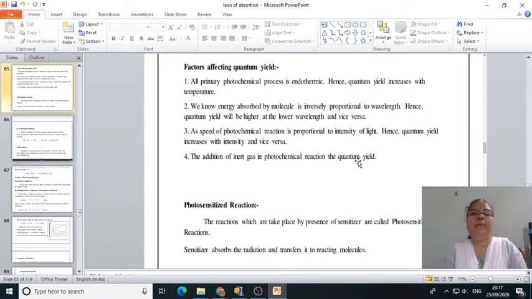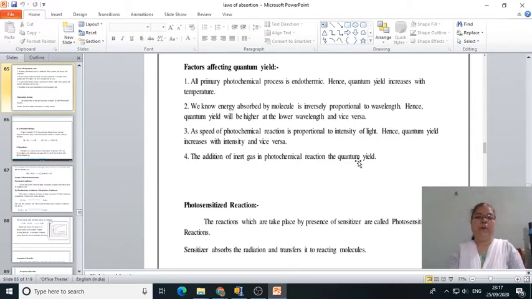Again, the wavelength: shorter the wavelength, greater is the energy, and the absorbed light matters a lot for the chemical change. So wavelength is another factor which affects the quantum yield, and temperature plays an important role in the reactions, and here quantum yield increases with temperature.